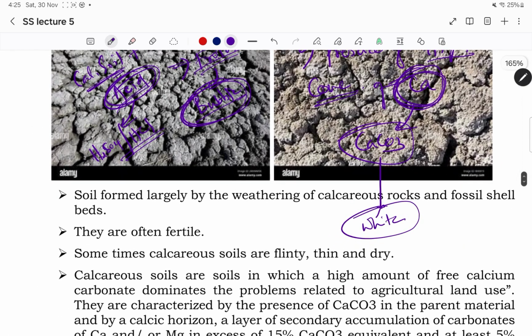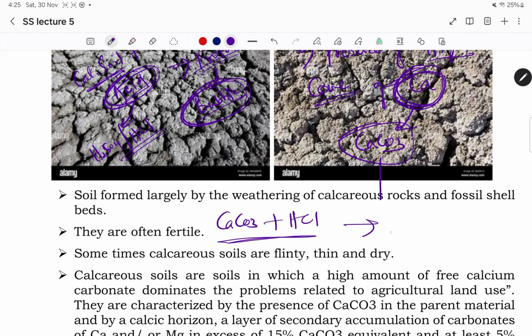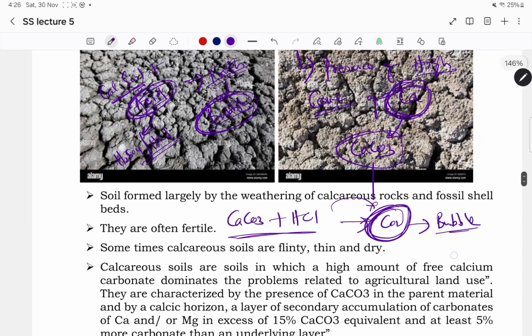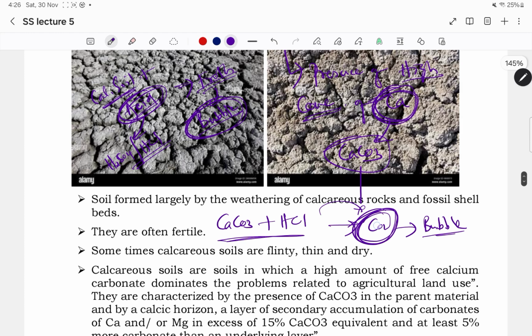See, there is calcium carbonate in the soil. If we treat with HCl, there is a formation of carbon dioxide. By this reaction, there is a formation of carbon dioxide. This creates bubbles. Because of this, there is bubble formation in the soil. So we can easily identify with this process.